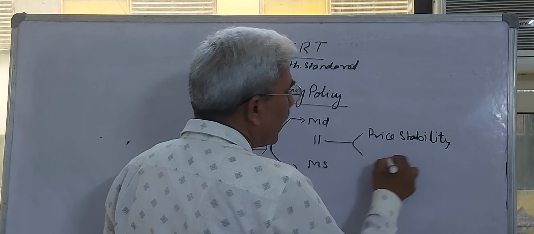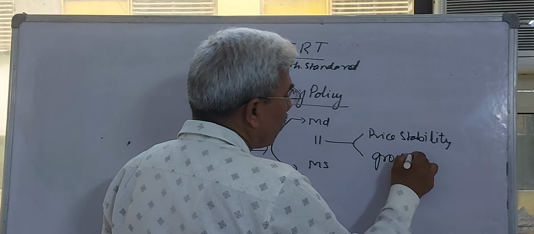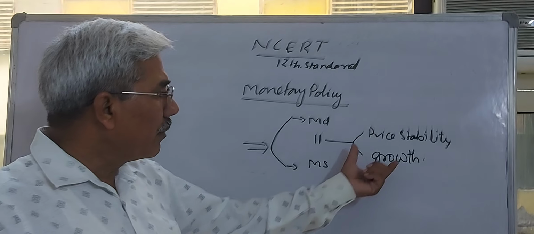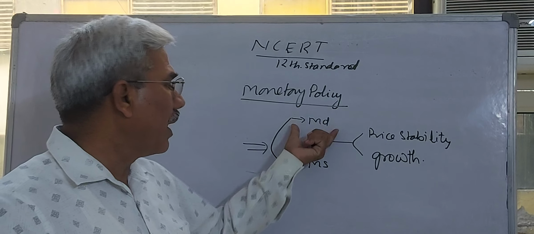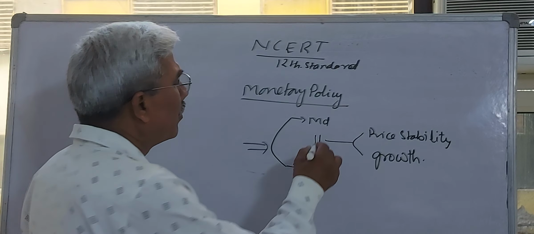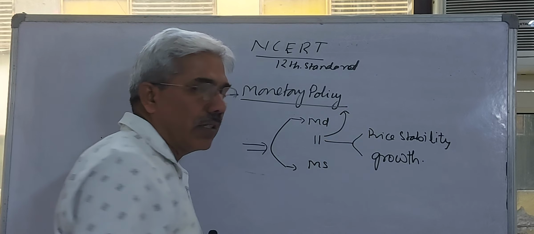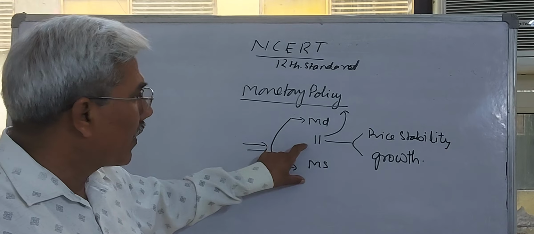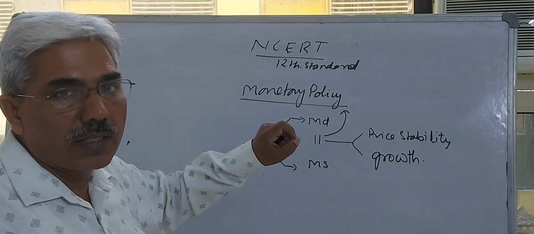Growth is achieved with price stability if money demand and money supply are equal. The policy which equalizes them, adjusting the mismatch between money demand and money supply, is known as monetary policy.